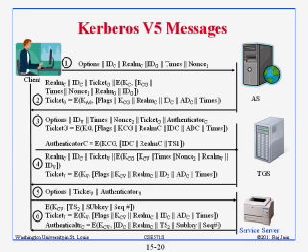All right, so in this one we have two things, ticket G and authenticator C. This is the ticket and this is the authenticator.